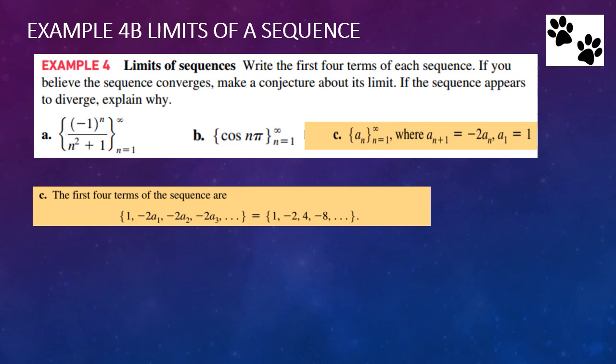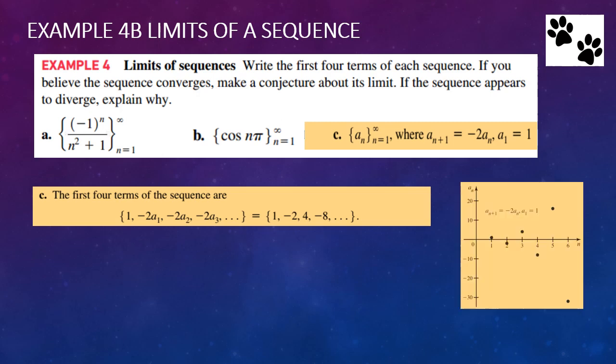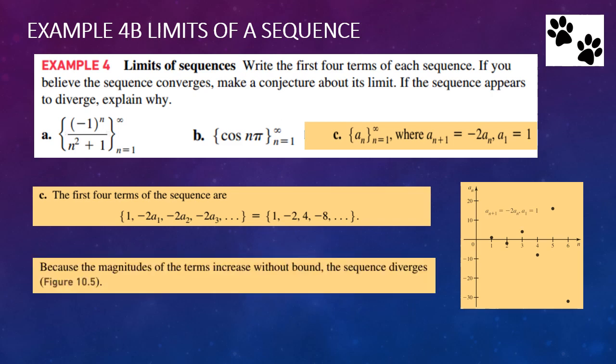Again, we have an oscillating feature here, but we can see that even with just these four members, it's getting larger. If we look at the graph, we can see that it's expanding out. It's not leveling out, which would be convergent. It's expanding out, so it's divergent, and there's no limit here. Okay?